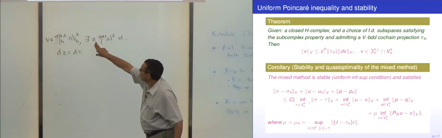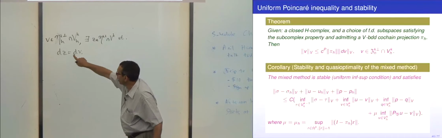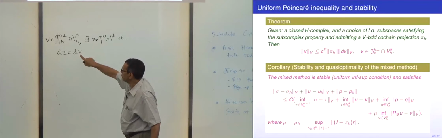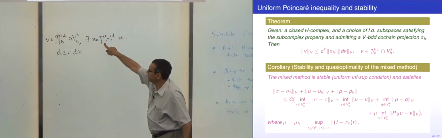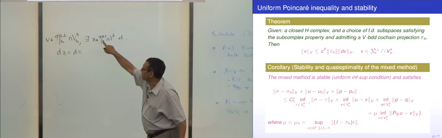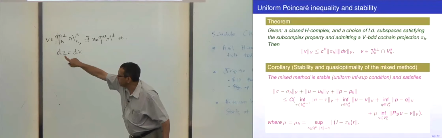By the way, this proof is in both of the papers, the big papers, so you don't really have to copy it down. But what am I saying here? Well, this is something in the range of d. Anything in the range of d is d of something orthogonal to the null space of d. So I can take that thing that's orthogonal to the null space of d and has the same image.